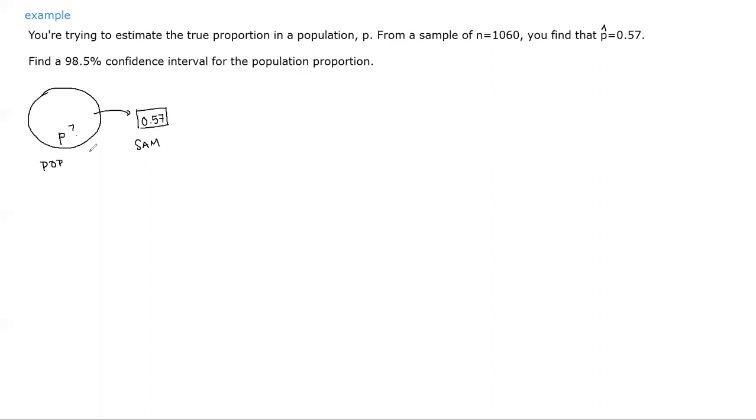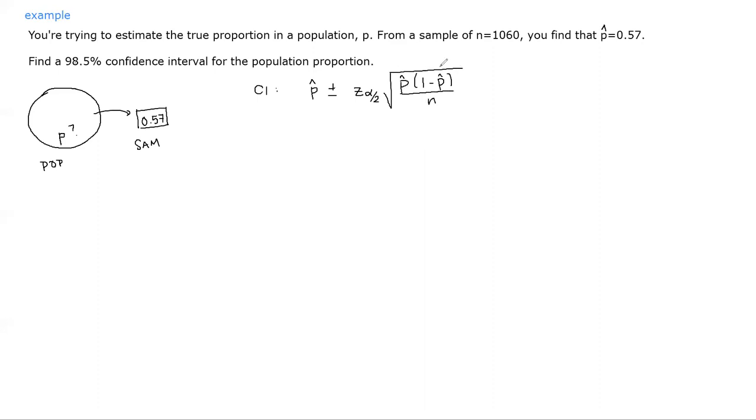So the confidence interval for a proportion is given by p hat plus or minus z alpha over 2 times the square root of p hat times 1 minus p hat divided by n.